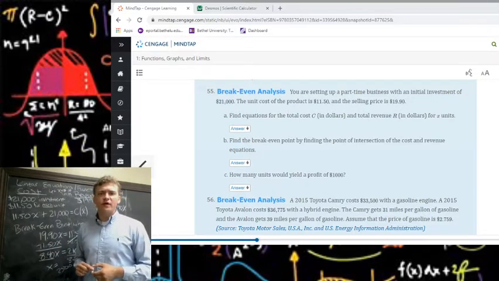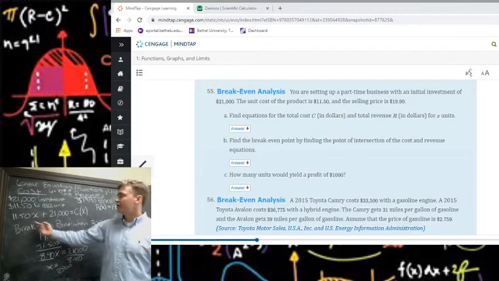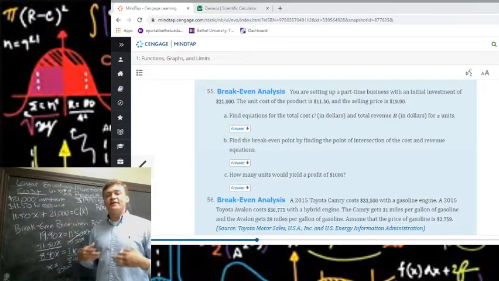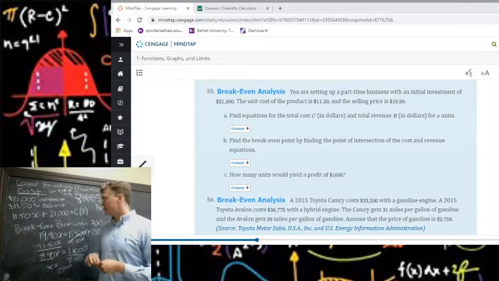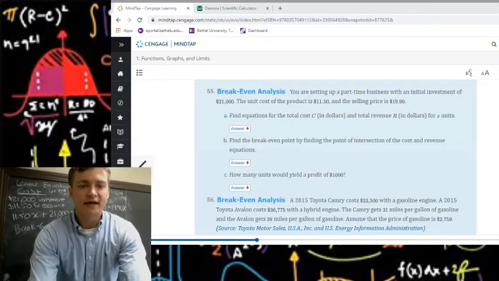And it goes on to say here too, well, how much money would you actually have at that point? How much money would you have sunk into it? We'll take the 2,500 and plug it into either one of these equations, and it'll give you the idea of the amount of money that you will have generated and it will cost you for 2,500 units. Let's take 2,500 and multiply it by the 19.90.